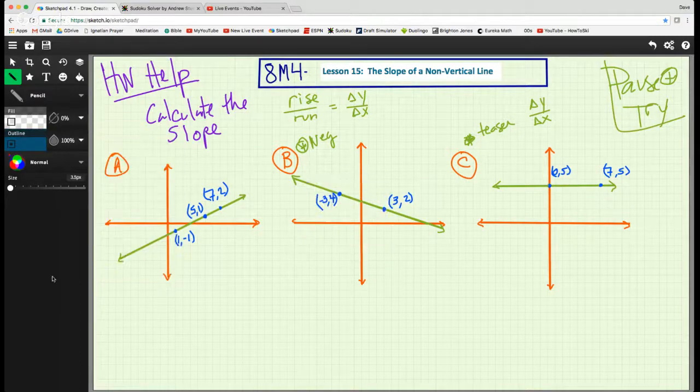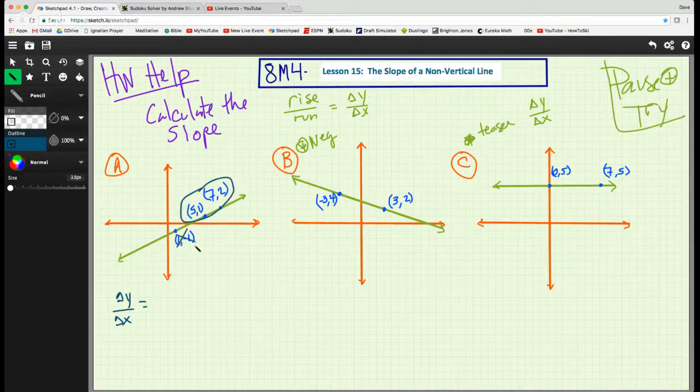I assume you're back. So let's just go to it. We'll go to delta y over delta x, and we should be able to find all of these. You can choose any 2 points, but I'm going to choose the easiest 2 points. I'm going to choose these 2 points.